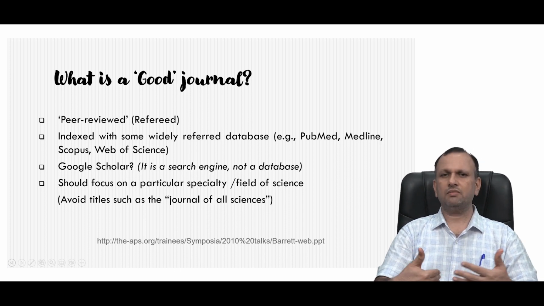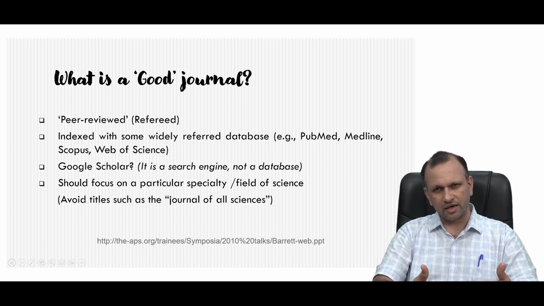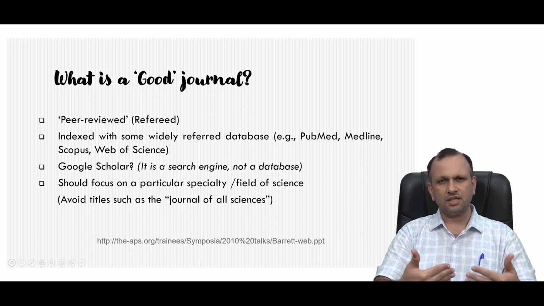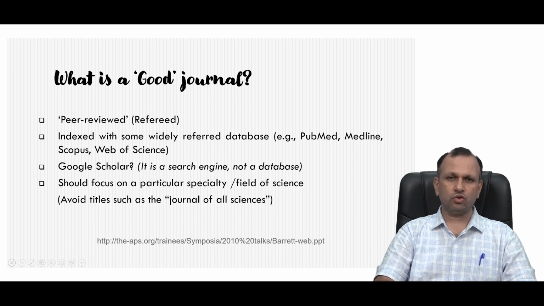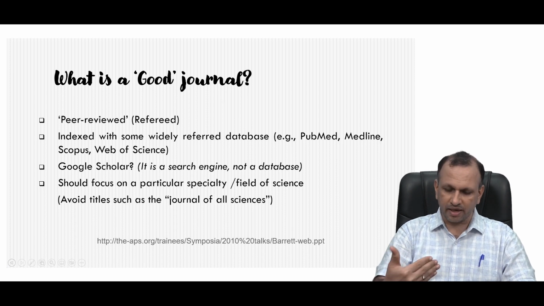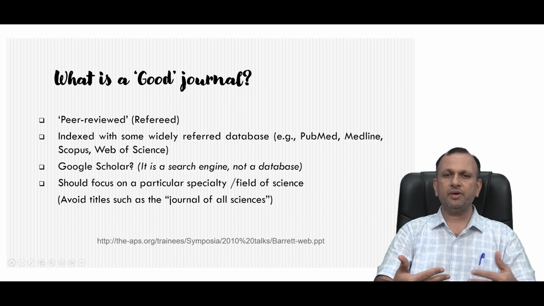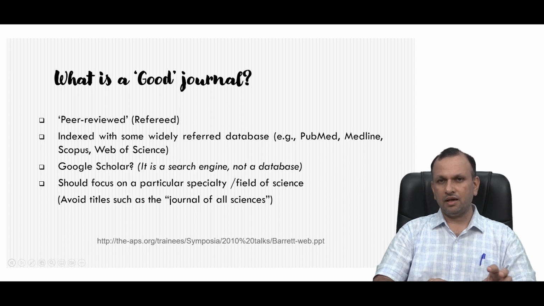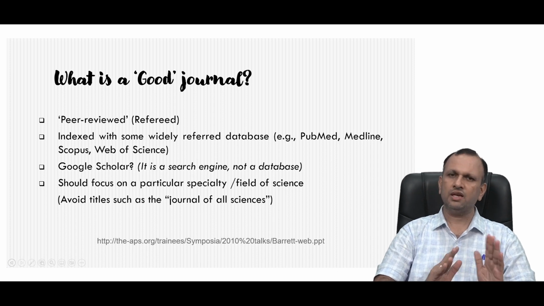Of course, nowadays funding agencies also fund these article processing charges. So nowadays funding agencies are making it almost mandatory to publish with open access journals to promote the open accessibility of science. That is why there are very good open access journals as well that follow a stringent peer review process and so on.